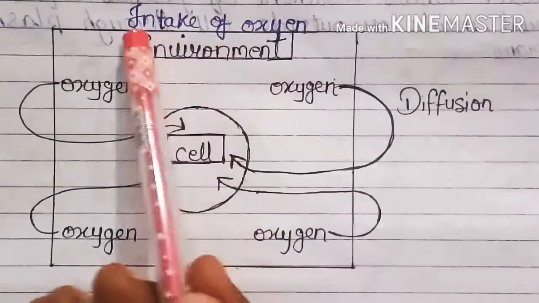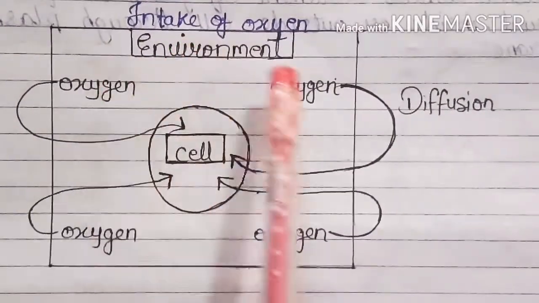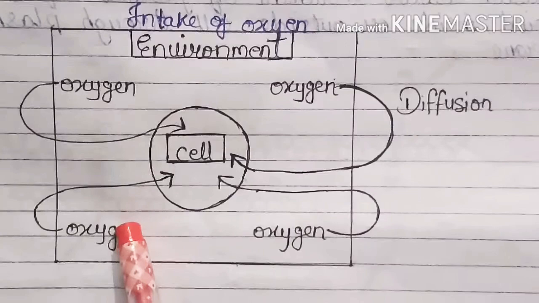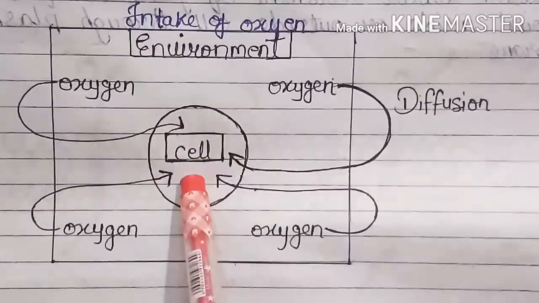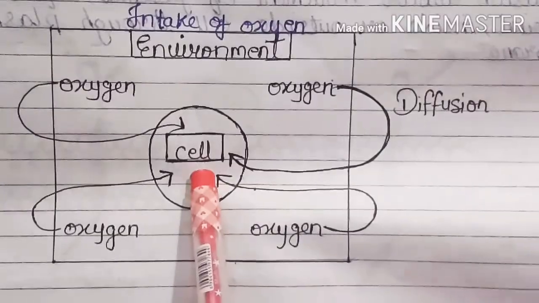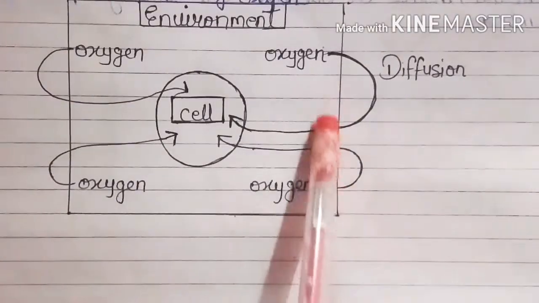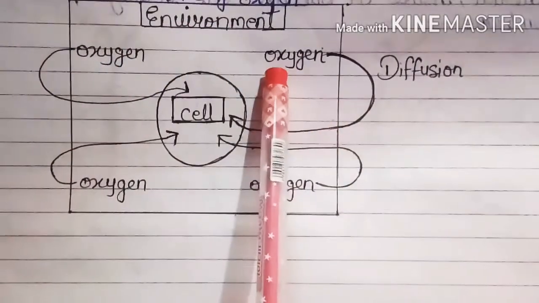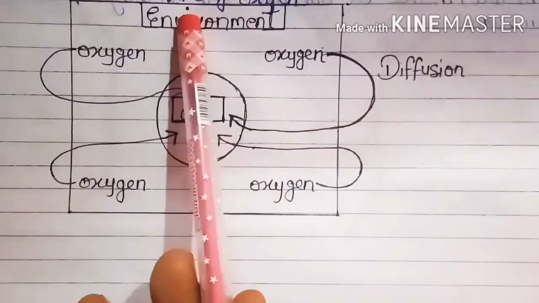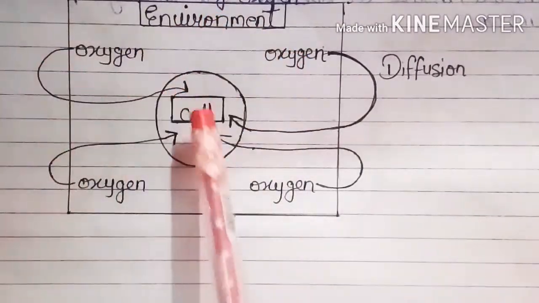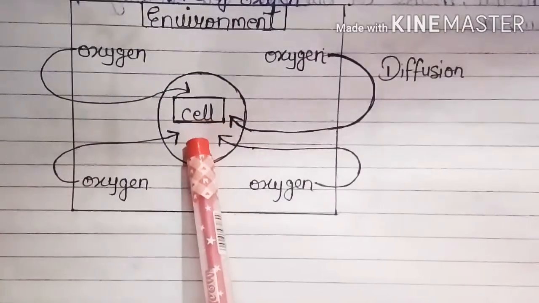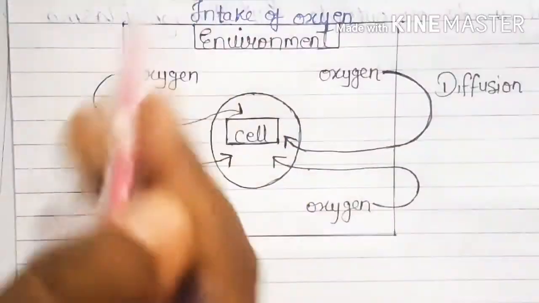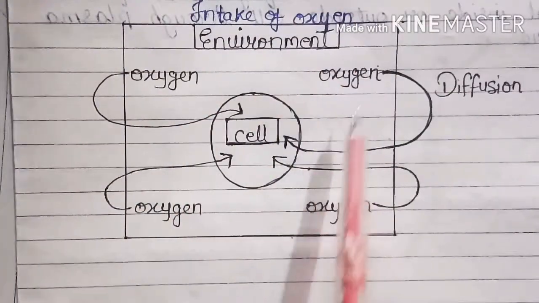As we know, in our environment there is a huge amount of oxygen present, and also our cell is deficient in oxygen. So what happens, the higher concentration of oxygen present in the environment moves towards the cell which has the lower concentration of oxygen. So this is what diffusion is. This was the example of intake of oxygen.